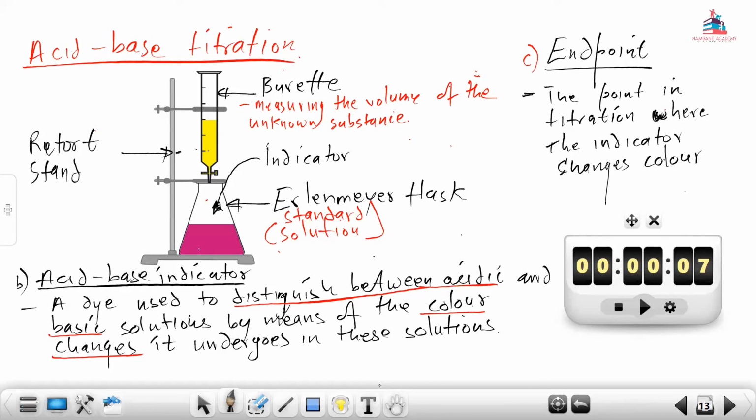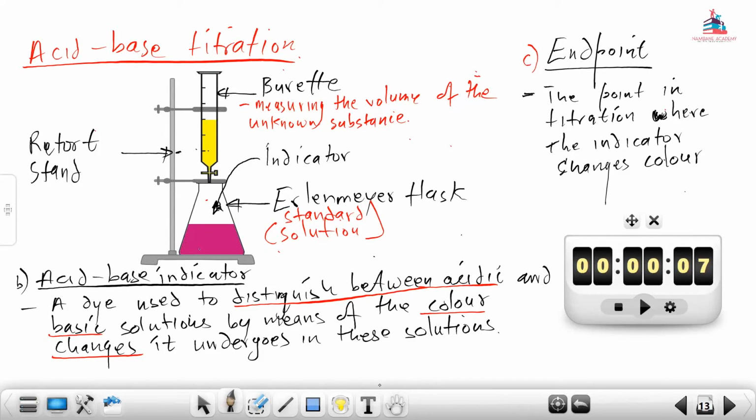So if I am going to pour my unknown solution in the Erlenmeyer flask, I'm going to pour most until I don't know when. So the indicator is there now to tell me that you have added enough. So it indicates a point in titration where now my solution is no longer acidic, it's no longer basic.